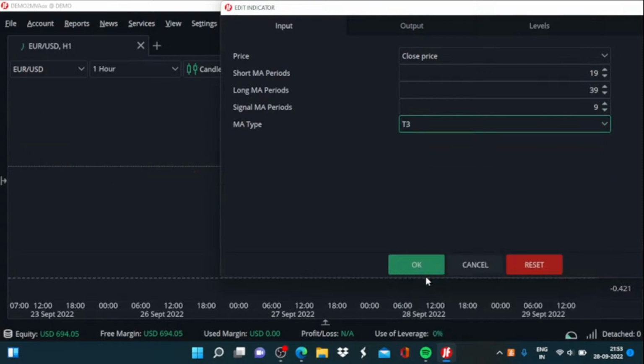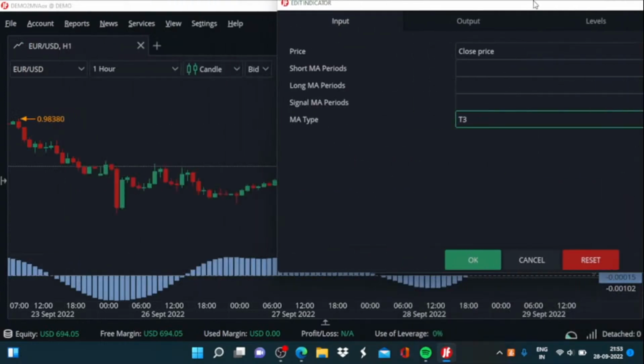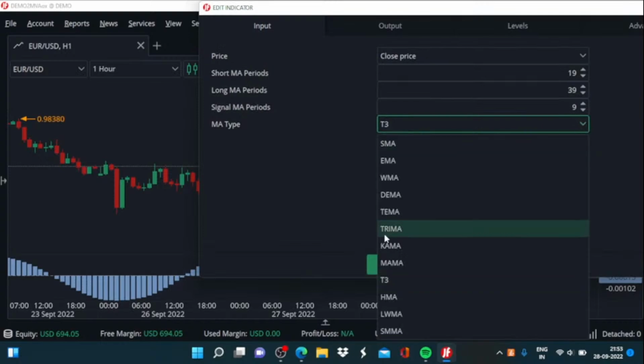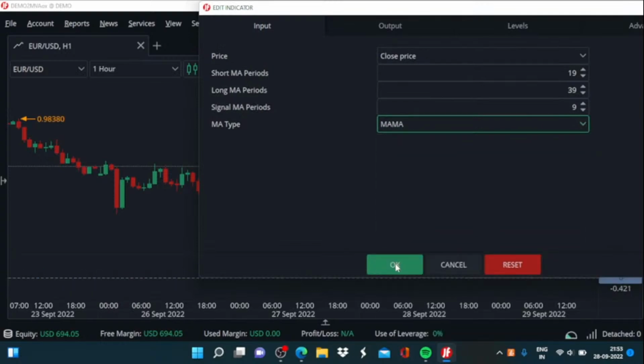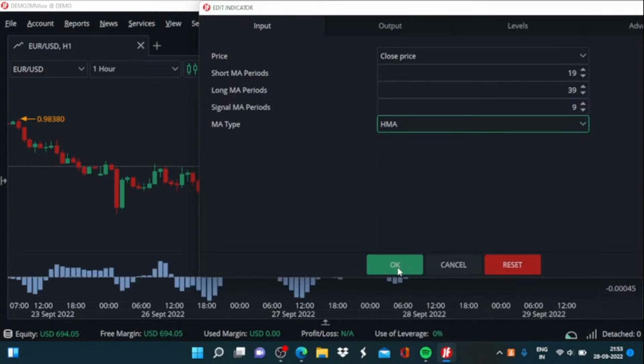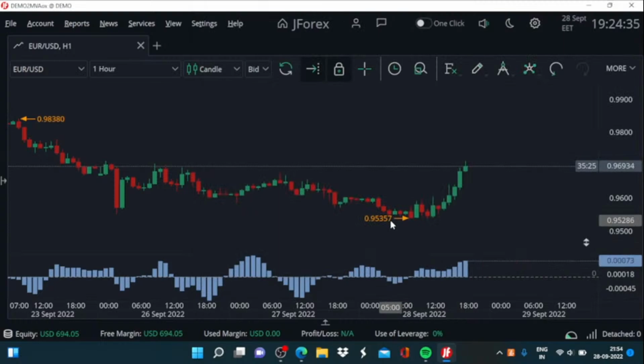Let's try out T3. Oh, all right, now we got the plotting with the T3 and it is looking a lot smoother. MMA, no histogram is being plotted, I don't know why. Coming to the HMA, HMA is going to be a lot more responsive, so here it responds quite fast and we are confirmed for the trend change quite early.